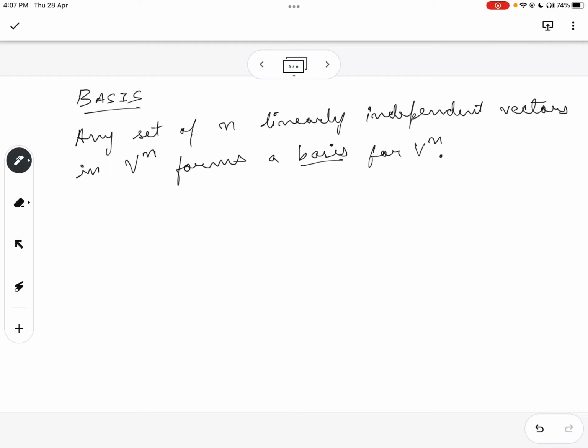So let's say we have a basis for Vn defined in terms of the vectors u1 to un. So the set of vectors u1 to un form a basis of Vn.